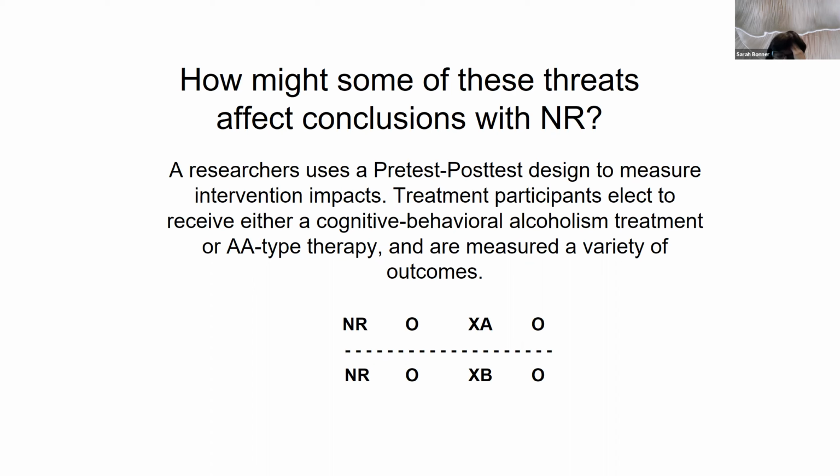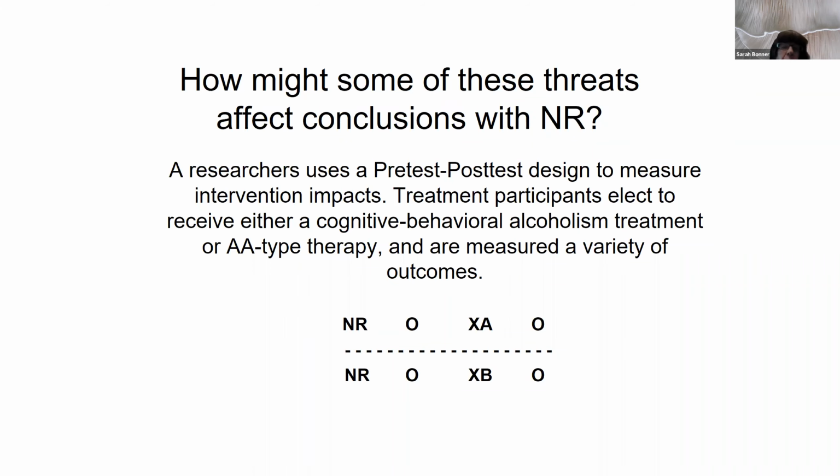Now, we're not even going to talk about social threats here because there are a lot of things like experimenter expectancy, diffusion of treatment. Okay, so they actually end up going to both because they really want it.